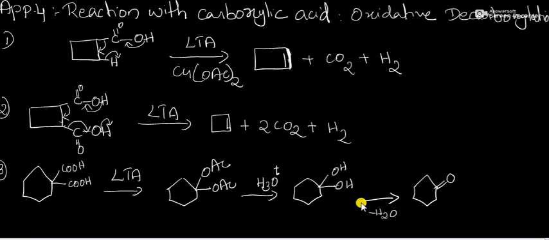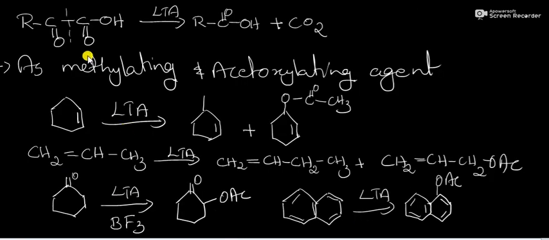Then gem diols are easily converted into ketones. So the final product of gem diols on LTA oxidation is ketones. Then another reaction of LTA is with alpha keto carboxylic acids. Here it will break the C-C bond and convert it into RCOOH plus carbon dioxide.